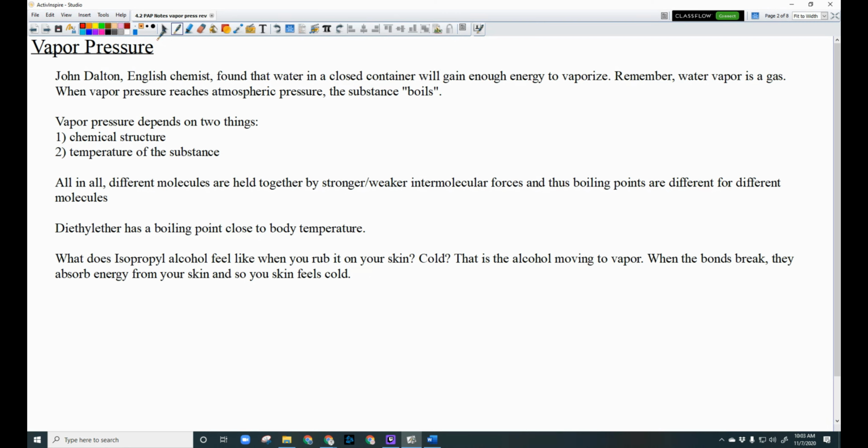Well, it feels cold. The reason is that the alcohol is moving from the liquid state to the vapor state, so it's breaking those intermolecular bonds between the individual molecules. And when you break bonds, it takes energy to do that. So they absorb that energy from your skin, and your skin feels cold because it's losing that energy.